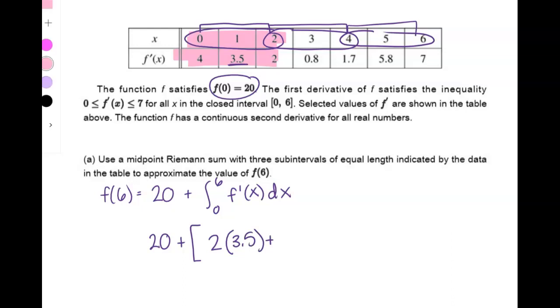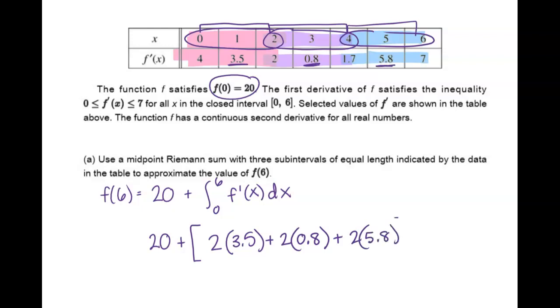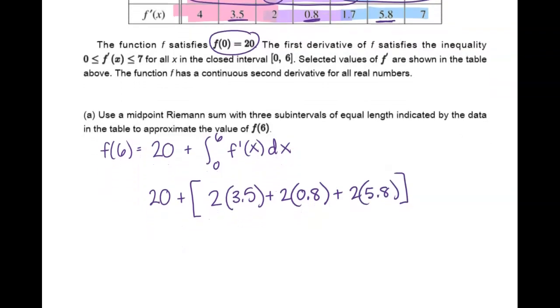plus this one here, 4 minus 2 is 2, times our midpoint y value, 0.8, plus, I have the last piece, 6 minus 4 is 2, our midpoint y value is 5.8, or height, depending on how you're thinking of these rectangles.